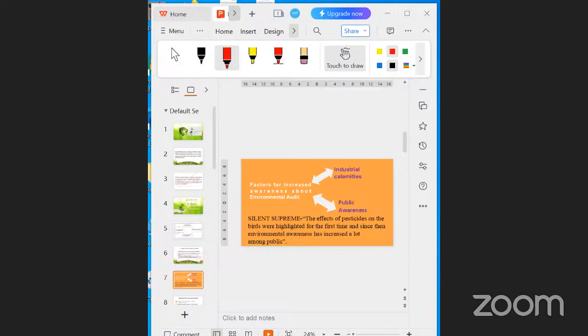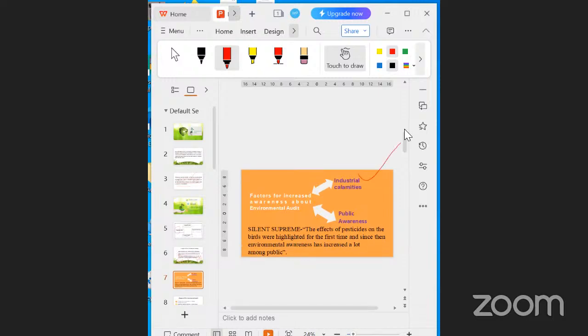So now there are several factors which are responsible for the increased awareness about environmental audit. These factors are, first, industrial calamities, and second, public awareness. First one, industrial calamities. Calamities means sudden damage, distress, or disaster which have taken place.